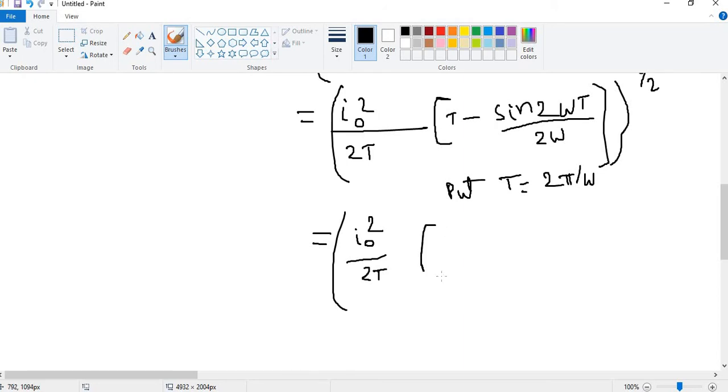First we will see, here it will be only t, and in this I am going to put sine 2, and omega is omega, and t is what? It is 2 pi by omega, and down also we have omega, so I am going to put the omega value, so it is 2 into omega. So hope this much is clear. Now we are going to see the next.